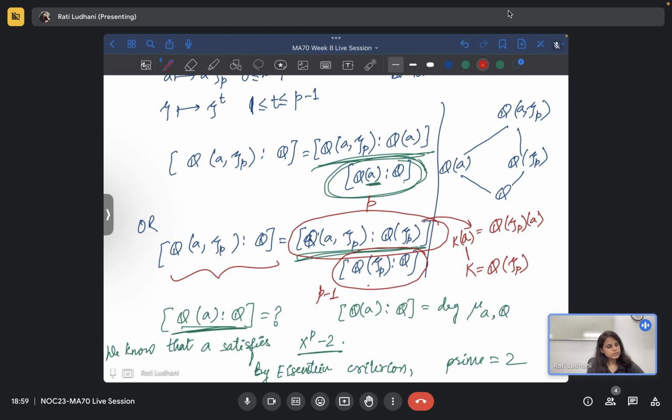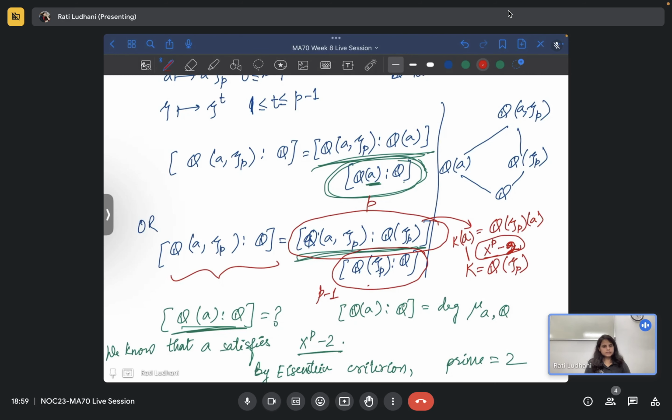So that is x raised to power p minus 2. You know that a raised to power p is equal to 2.